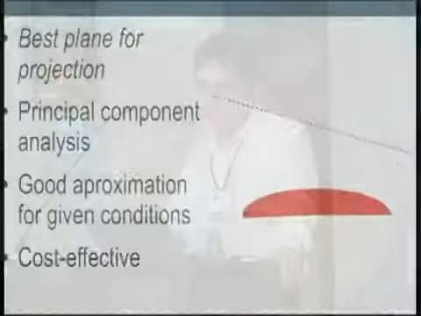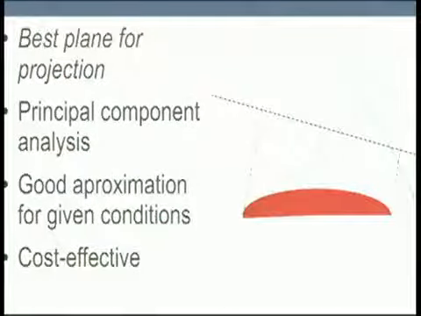The first algorithm idea we came up with to flatten this surface was, okay, we'll use principal component analysis to provide what the best projection would be. A plain simple projection like z equals 0.